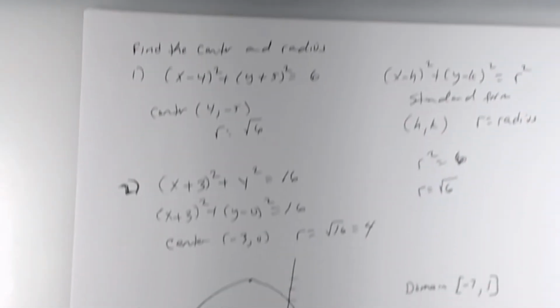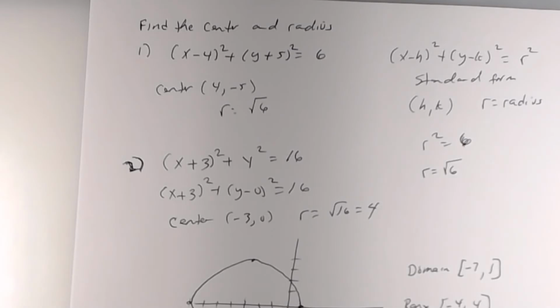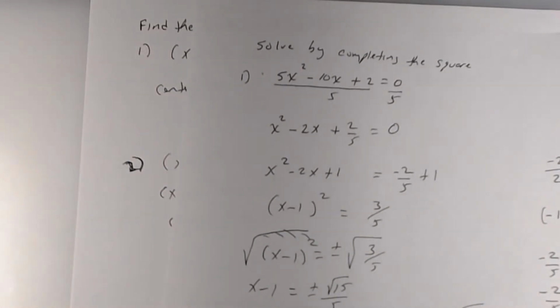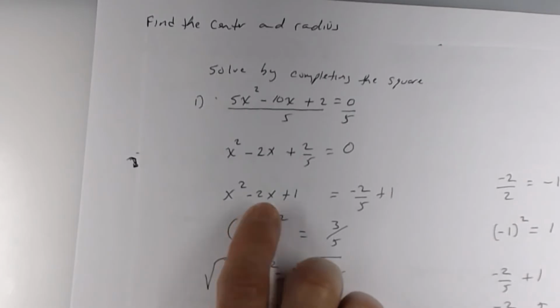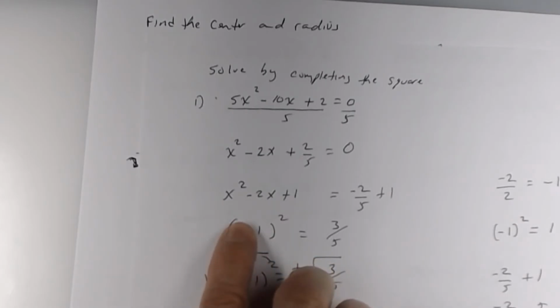Well, if you remember what we did last class period, and even at the beginning of this class period, let's go back to number 1, where I went from here to a binomial squared.